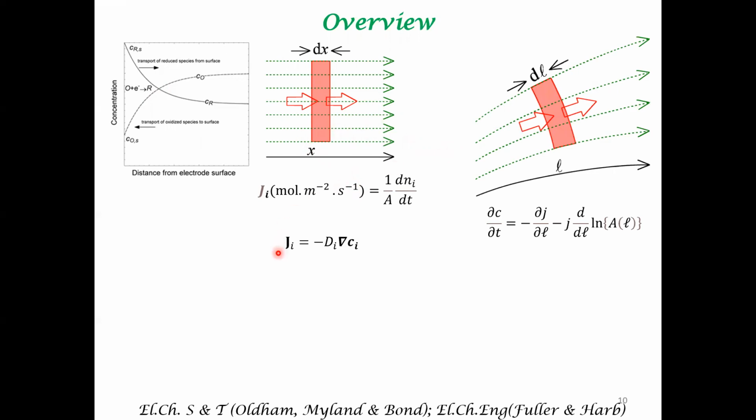We define the fluxes at a particular point in, let's say, this cross section, at this interface, using the concentration gradient that is present at that interface. So that is Fick's first law.